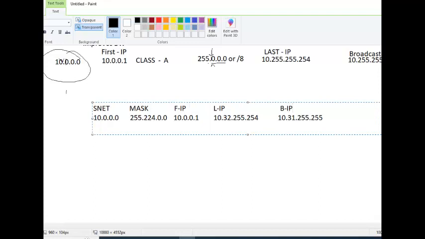So this broadcast IP is only for those computers within this range.